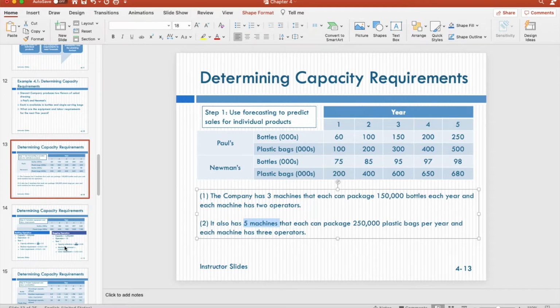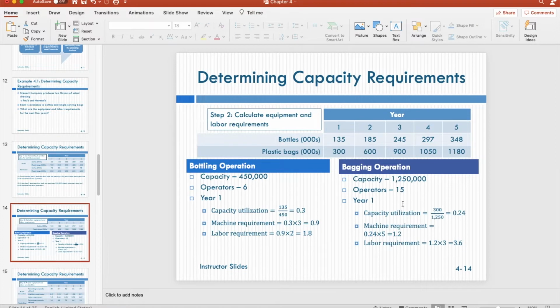So we have 5 times 3, which is 15 operators. Now, more specifically for year one, how many plastic bags do we need to fit the market demand? 300, or more accurately 300,000 because this is in thousands. And how many can we produce at most, which is the capacity level? How many?